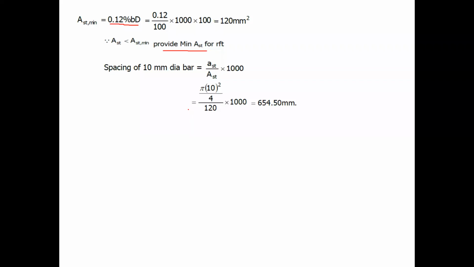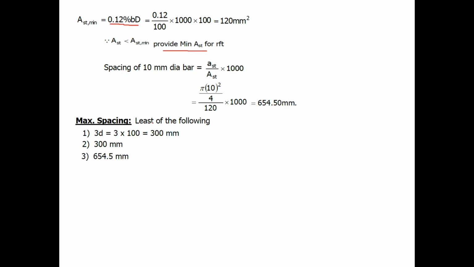Okay. As per the codal provision, the maximum spacing is the least of the following. The first condition is 3 into D, where D is nothing but the effective depth. So it is 100. The second condition is 300 mm, and the third condition is the spacing which you have calculated.